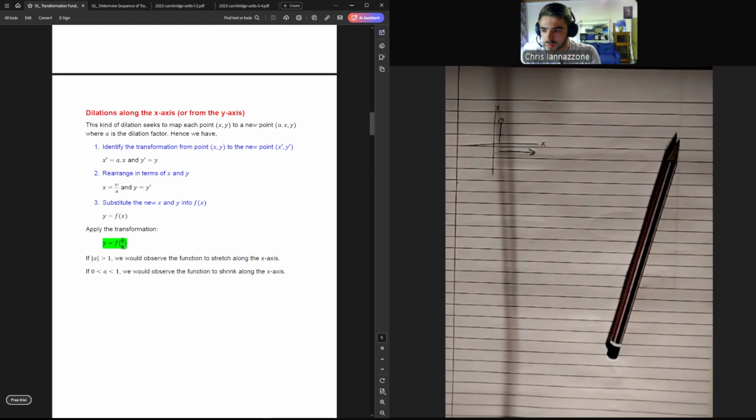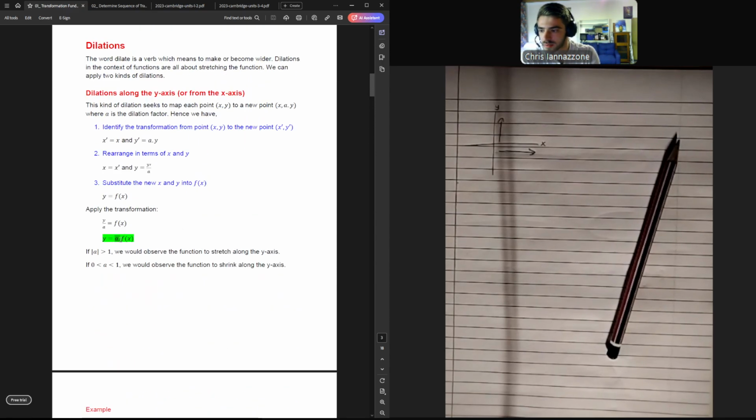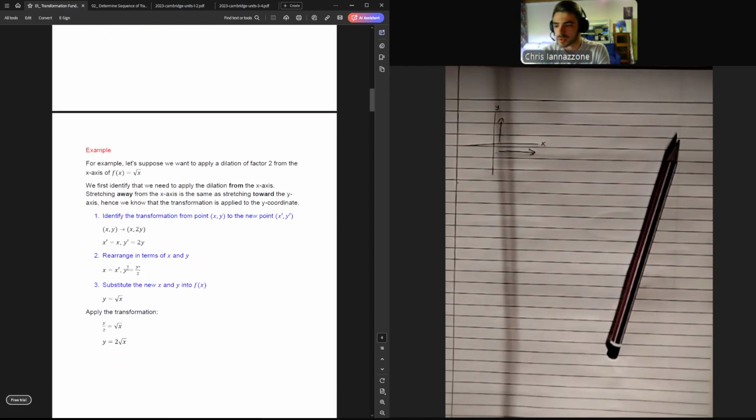And so the reason why that's important to highlight is because dilations along the x look like a division of the x, whereas dilations along the y look like a multiplication of the entire function. So two things that are very, very similar look very different when you actually put them into a function, but they perform the same transformation.